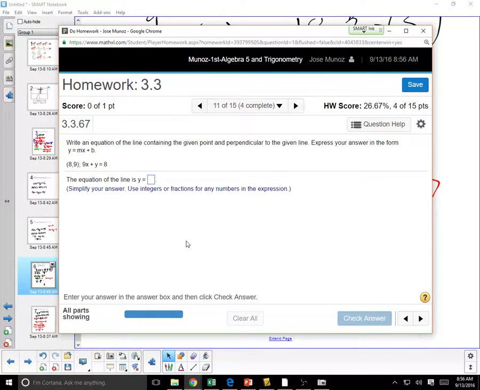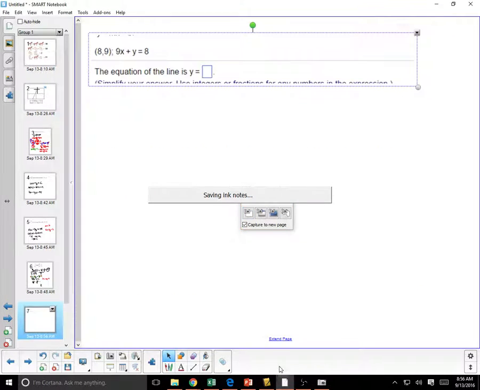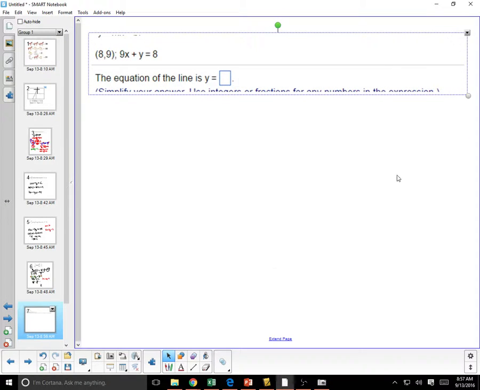Write an equation of a line containing the given point and perpendicular to the given line. So, let me snapshot that real quick. Okay, so I want a line that's perpendicular to this, right?